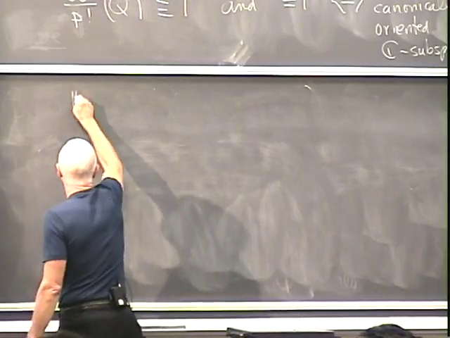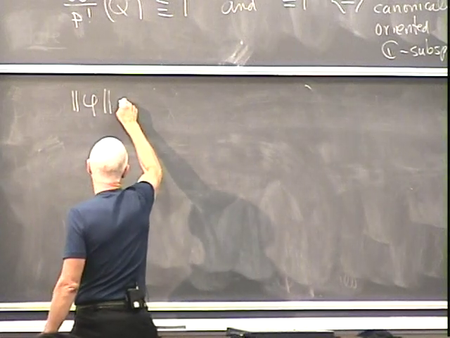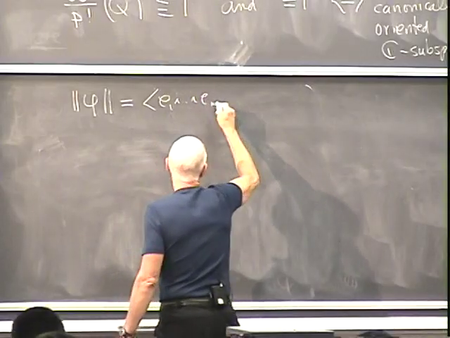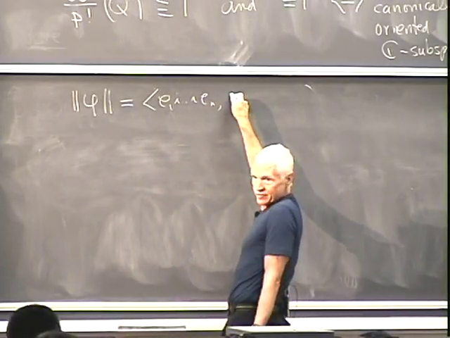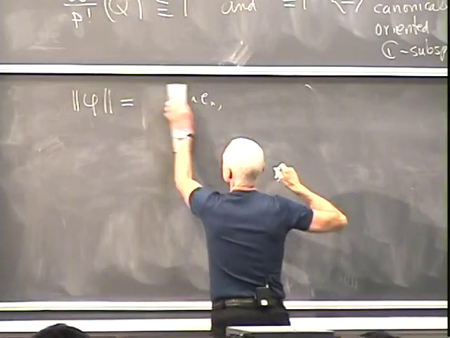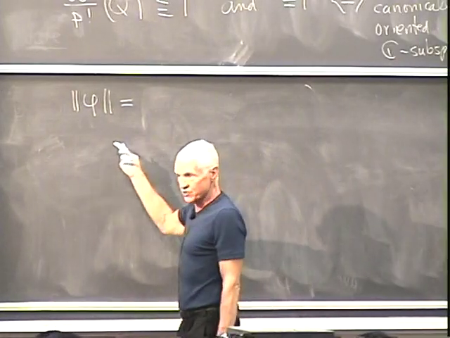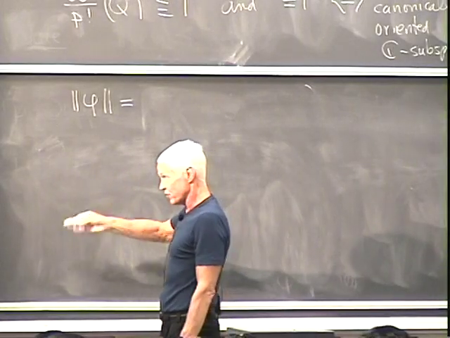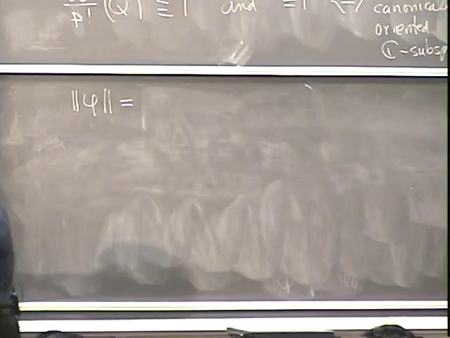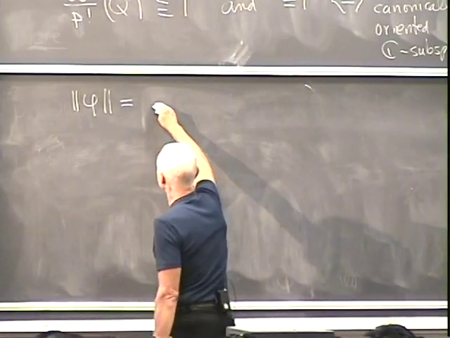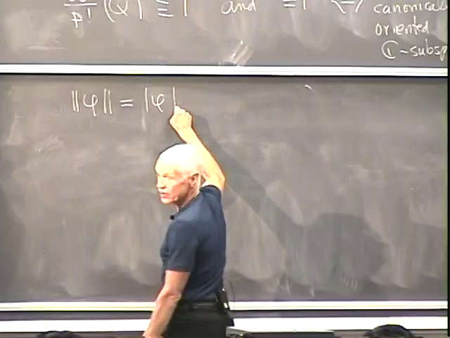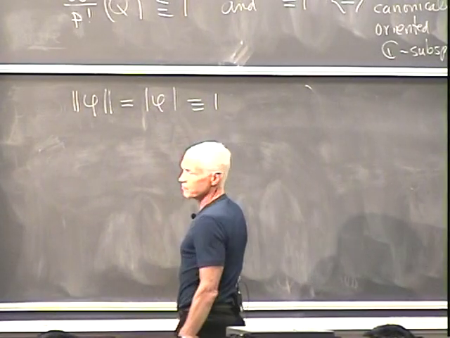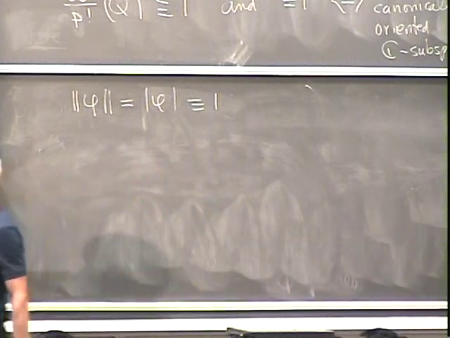So clearly I claim the comass of this is equal to the inner product of E1, En. Every vector is simple in this case. Maybe I should point out, in codimension 1, every vector is simple. There's nothing interesting about wedge 1 of the space. Wedge 1 of the space is the space, and wedge n and the codimension 1 forms are just the same. So this is exactly the same as the L2 norm, and that's 1 everywhere. This is a unit simple vector.